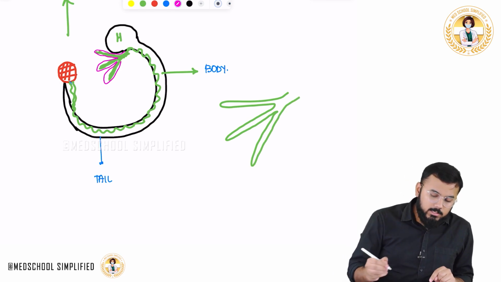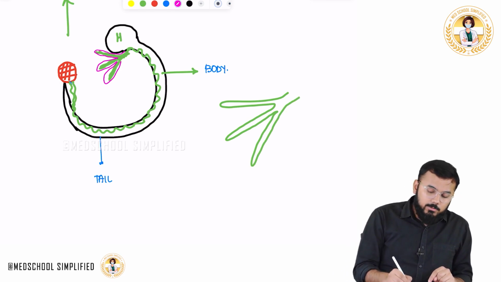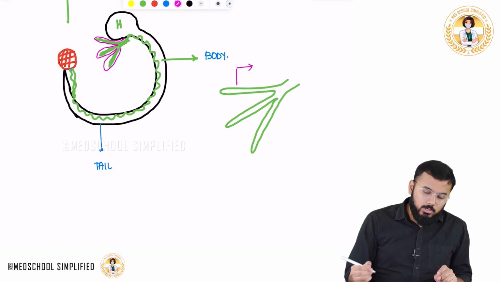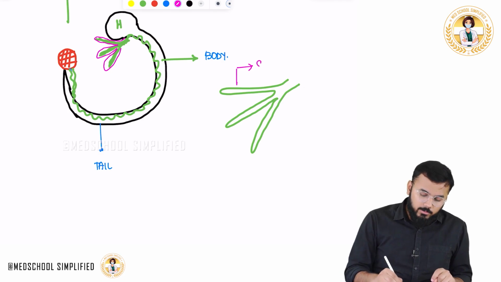So what are these 3 different fibers? These 3 different types of fibers are called commissural fibers. The commissural fiber on the top is called the supracommissural fiber.